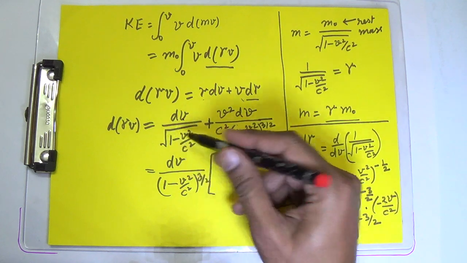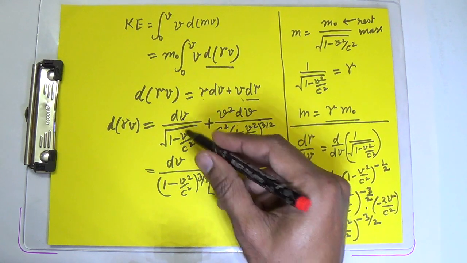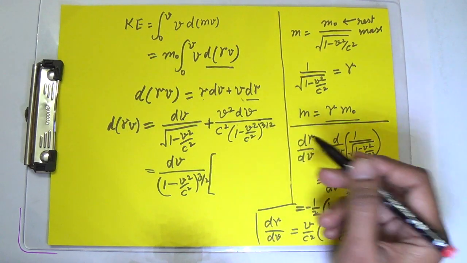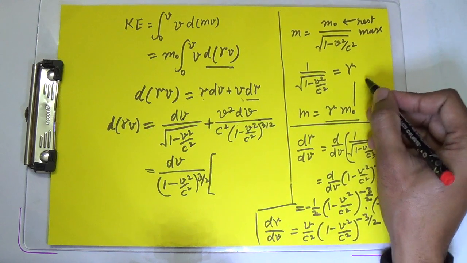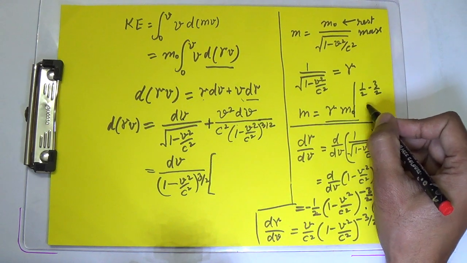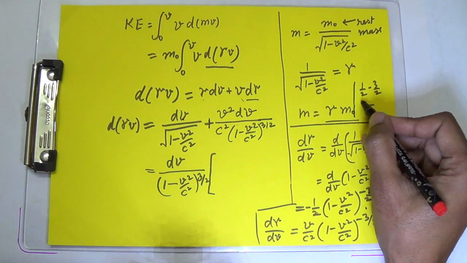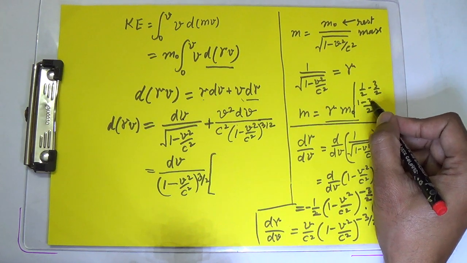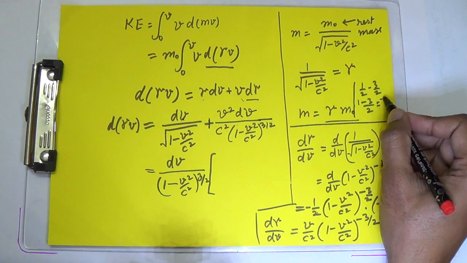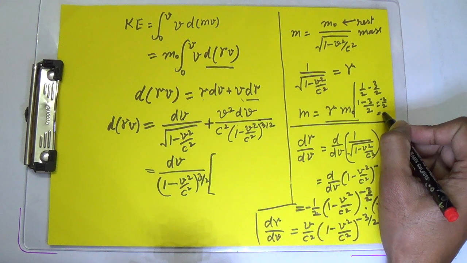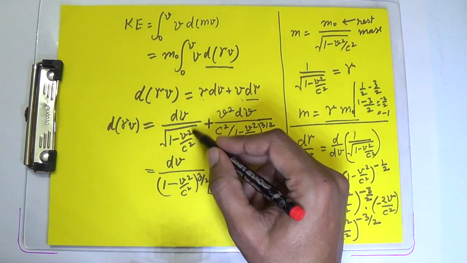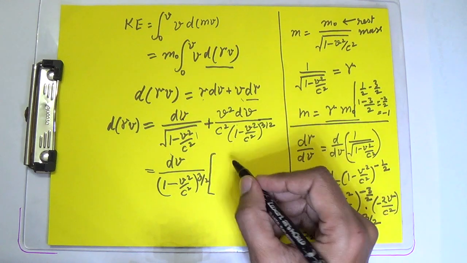This is 1 by 2, and I am taking 3 by 2 common, so 1 by 2 minus 3 by 2 will be minus 1 minus 3, that is minus 2. Minus 2 divided by minus 2 is minus 1. So here I am getting (1 minus v square upon c square) to the power minus 1.